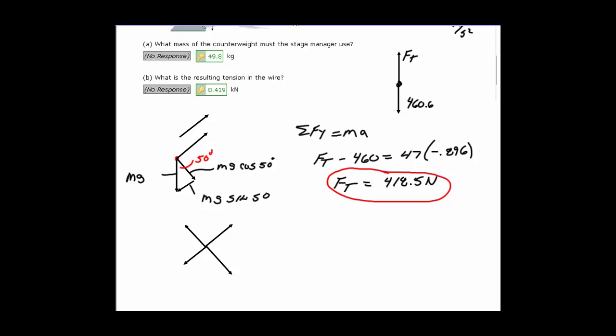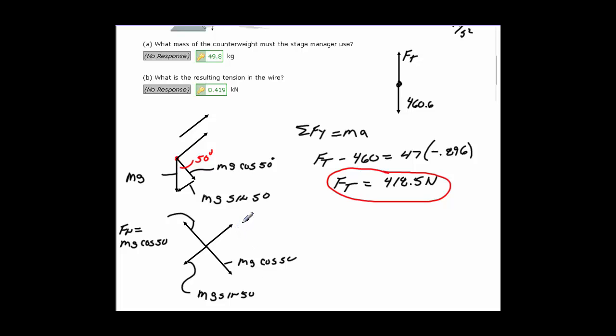We know this one is going to be mg times the cosine of 50. This would be our normal force, and our normal force in this case would also equal mg cosine 50. This value coming down would be mg times the sine of 50.